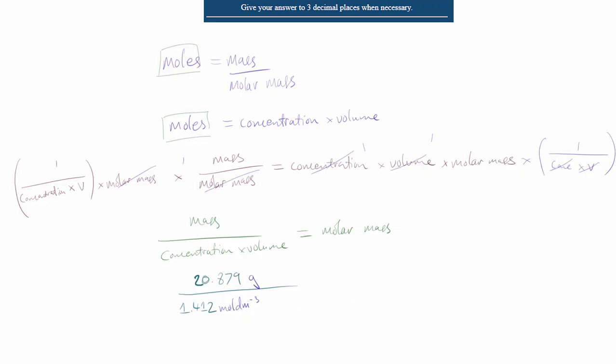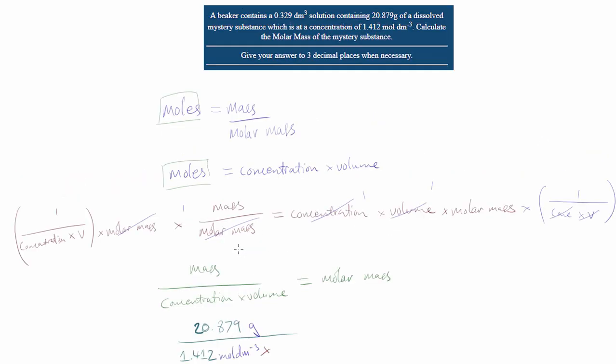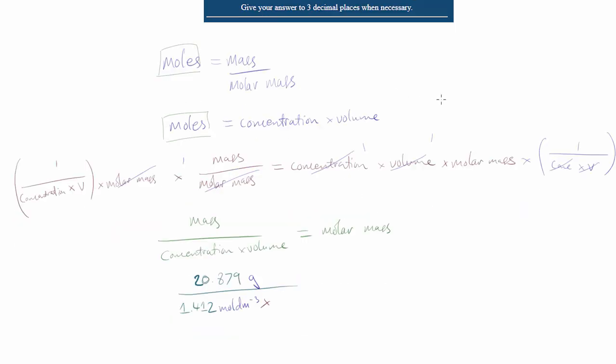Then we can get our multiplication symbol back here, multiplied by our volume, 0.329 dm³.